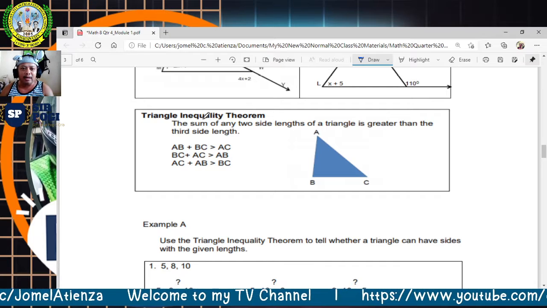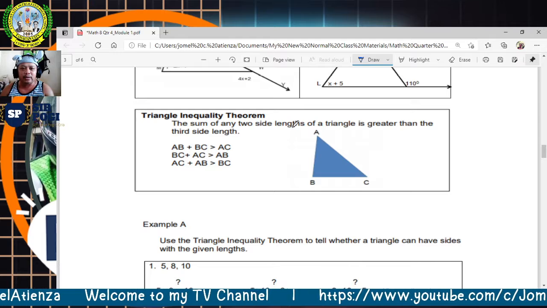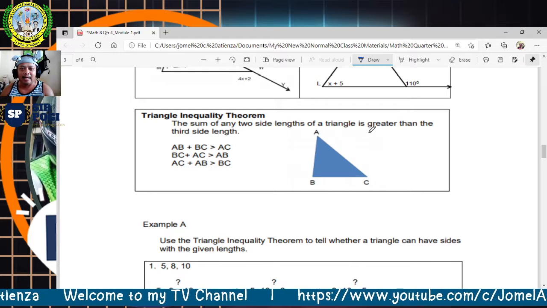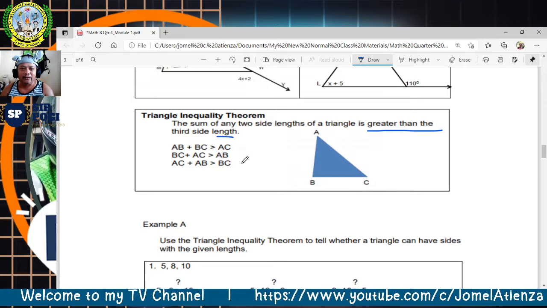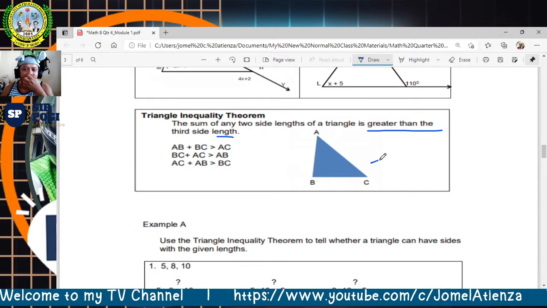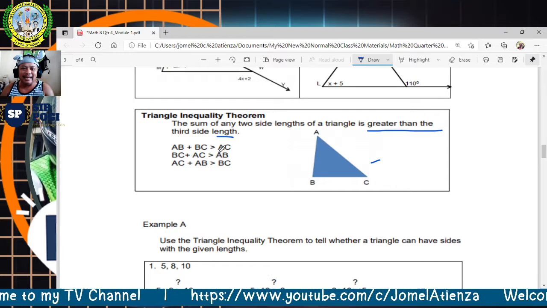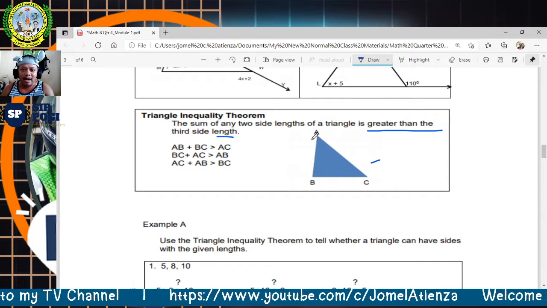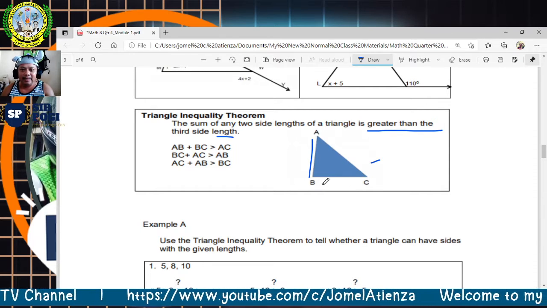Wherein in the triangle inequality theorem, the sum of any two side lengths of a triangle is greater than the third side length. So, for example, here is the illustration. So, AB plus BC is greater than AC. Ito po yung ating AB, and then ito yung ating BC.